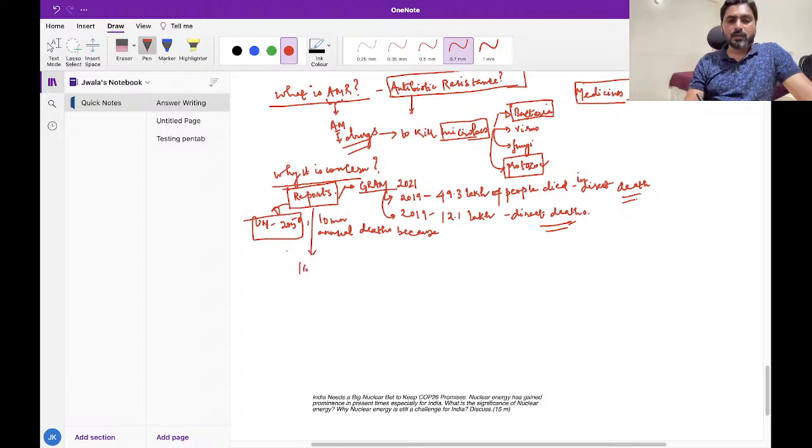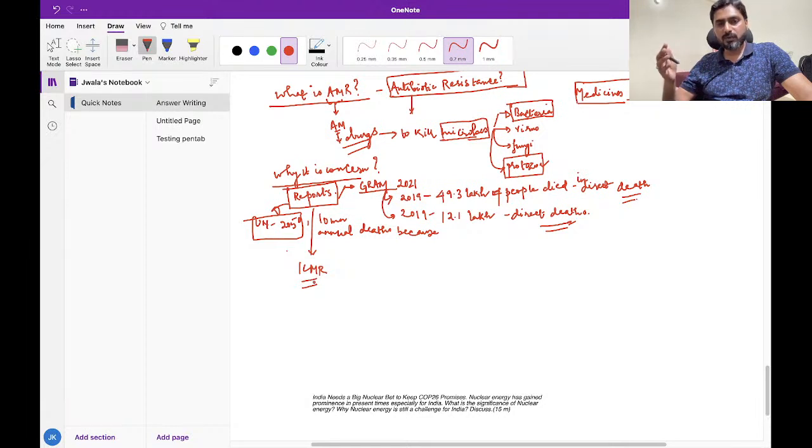Another report that you can mention is that of ICMR, the Indian Council of Medical Research. It also did a study in hospitals. After COVID, it studied around 10 hospitals, and in its study, it found that COVID patients have become resistant to antimicrobials. So that is a cause of concern.